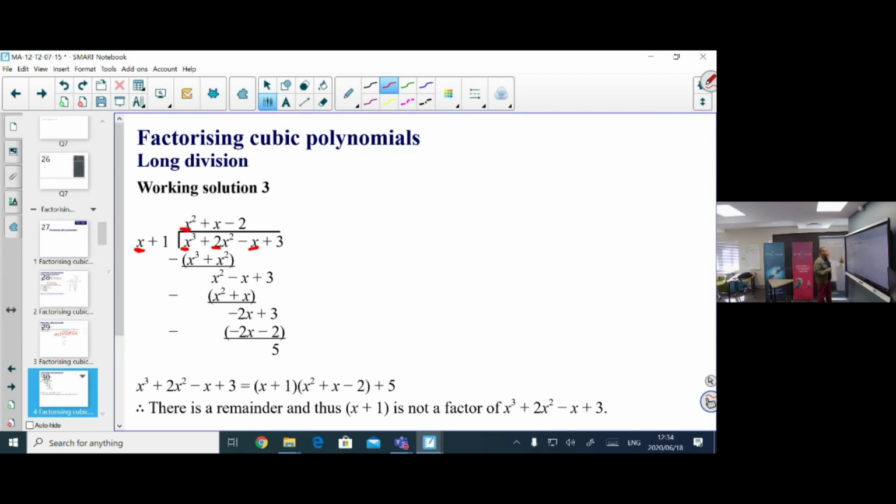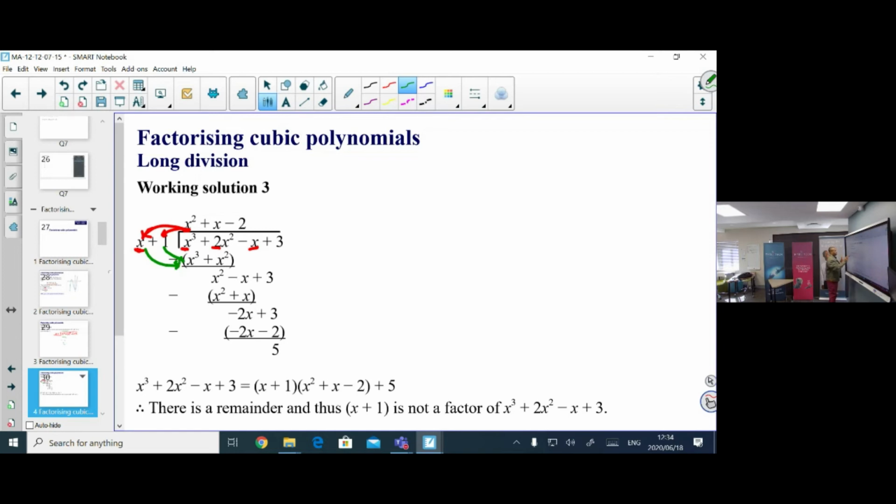Okay, and you don't leave it there. You then multiply that x squared by these two. So when you multiply by this, your answer will be that.